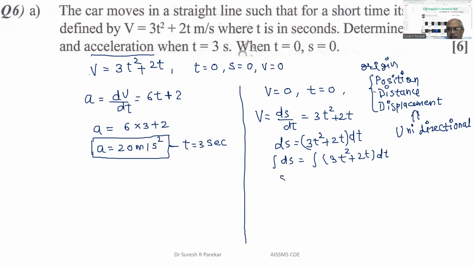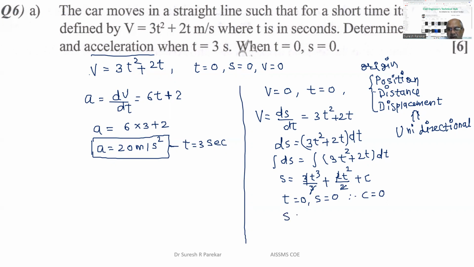From this we get s equal to 3t cube upon 3 plus 2t square upon 2 plus c. Then 3 cancels, 2 cancels. At t equal to 0, s equal to 0, and therefore c equal to 0.